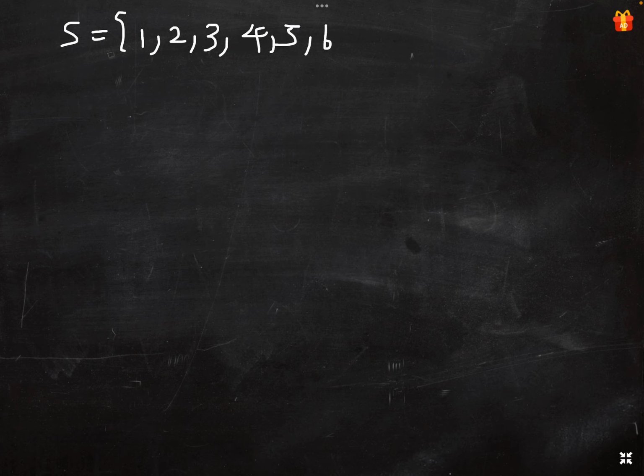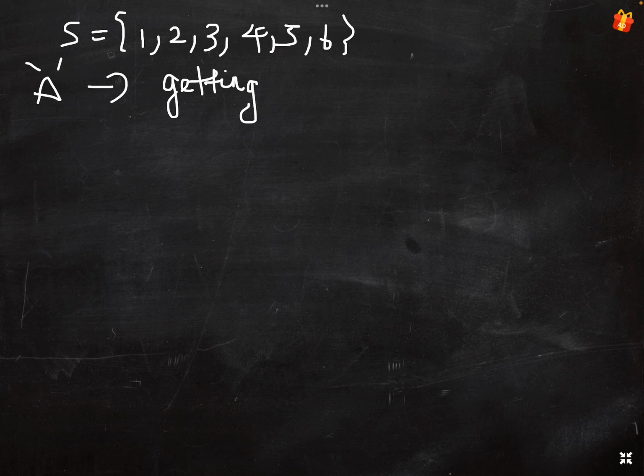For example, consider a random experiment, that is, throwing a dice. The sample space is 1, 2, 3, 4, 5, 6. Let A be the event of getting an odd number.